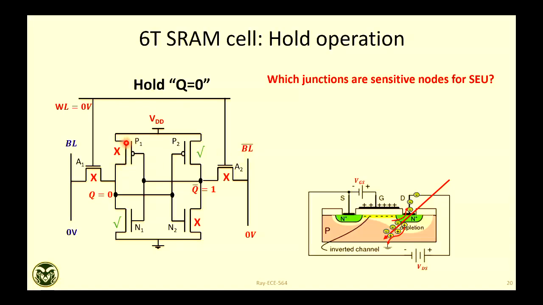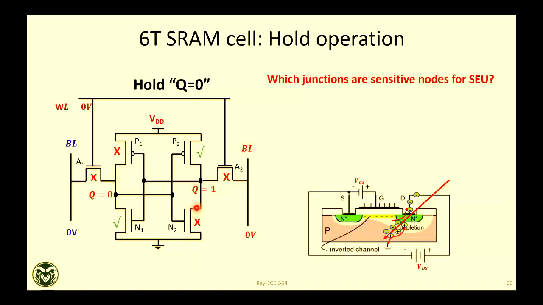Because for P, this is their source, this is your drain. Where current enters, this is the source, right? So this is your drain. So P1 drain is another critical junction. There is one more. N2 drain. Right.